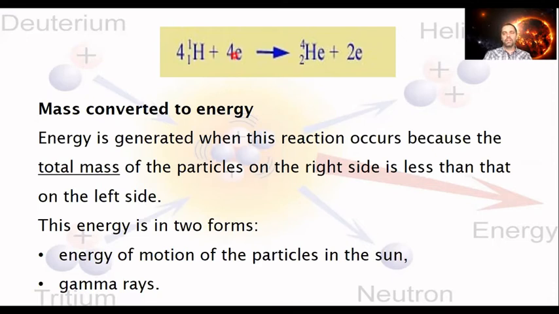And on the right side, the output here, it's 4 protons and only 2 electrons. It means we lost 2 electrons on the right side. According to the law of physics, the mass became energy. It has 2 forms, motion energy and also gamma rays.